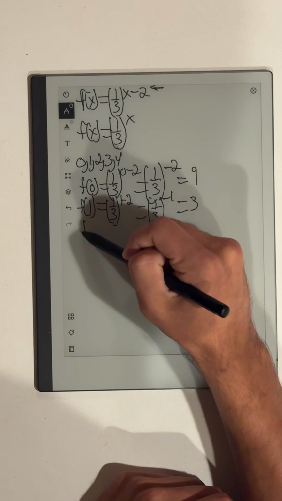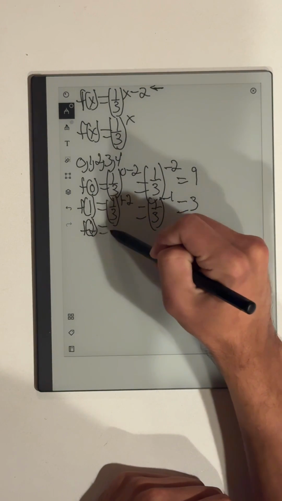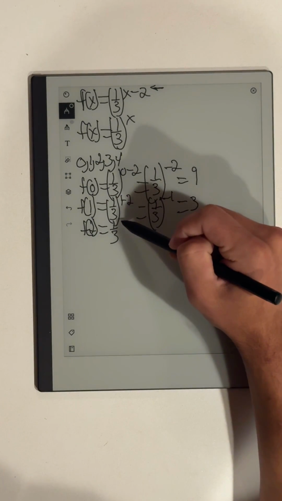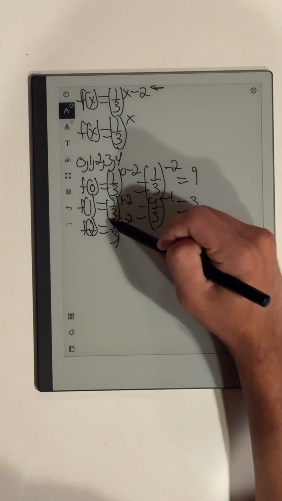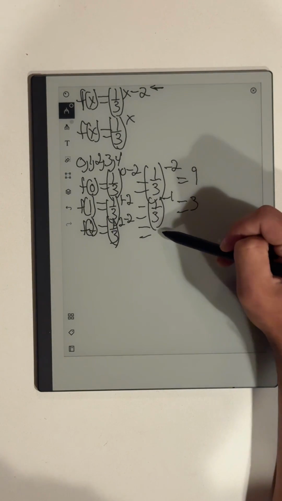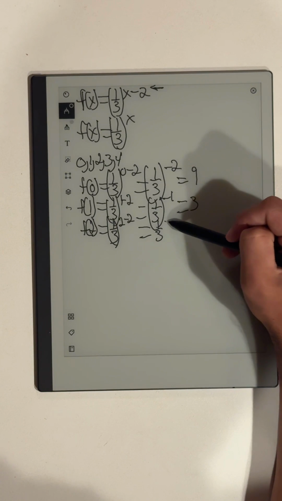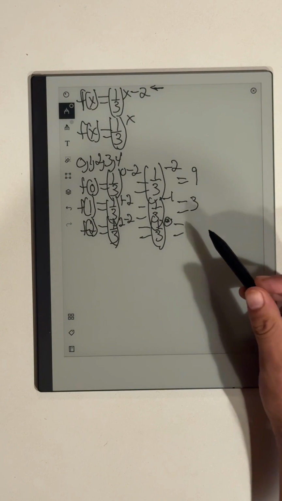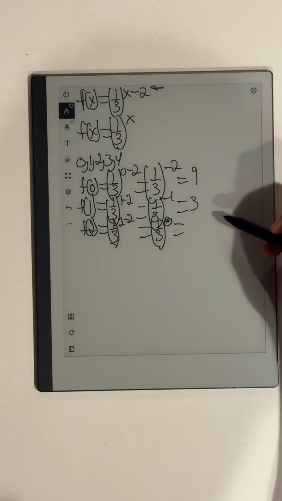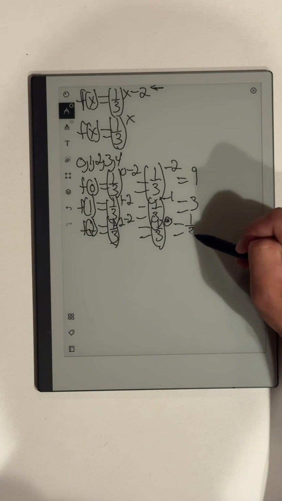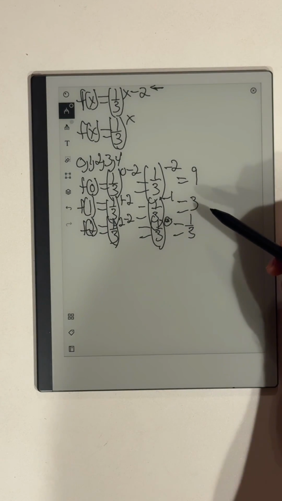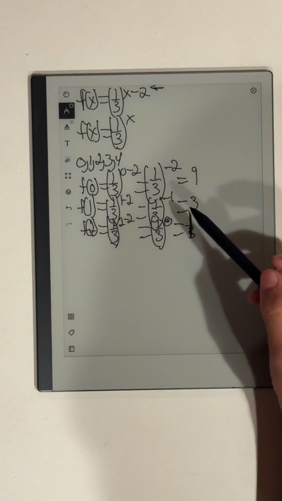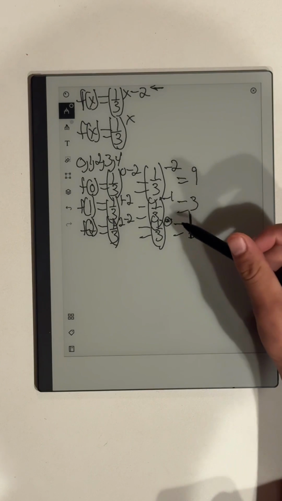So we're going to go f of 2 equals (1/3)^(2 minus 2). So we know that's going to be 0. So 1/3 to the 0 power is going to be 1, because anything to the 0 power is 1.